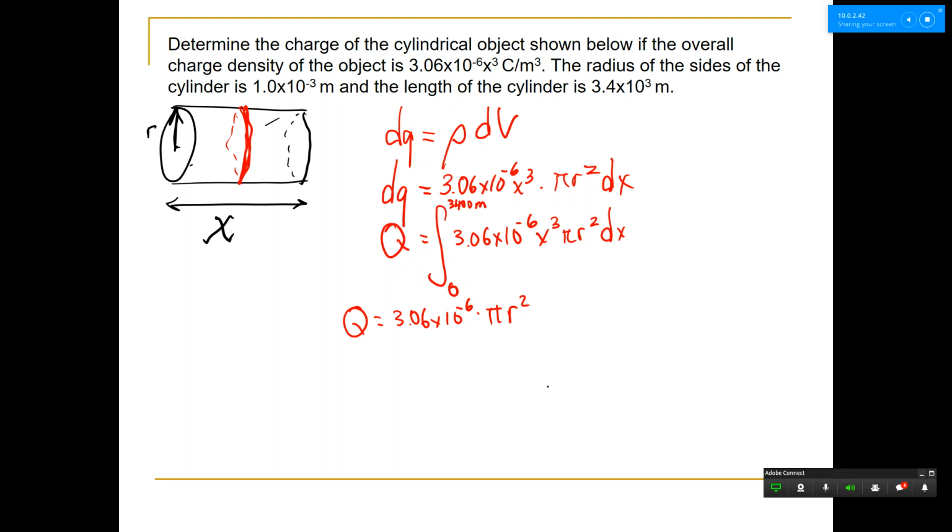Everything else is no longer a constant, so I can now put back my integral. And that's not a very complicated integral. Is equal to 3.06. You guys can do this on your own now. I'm going to work it out on the board, but I want you guys to solve this in your notebooks.